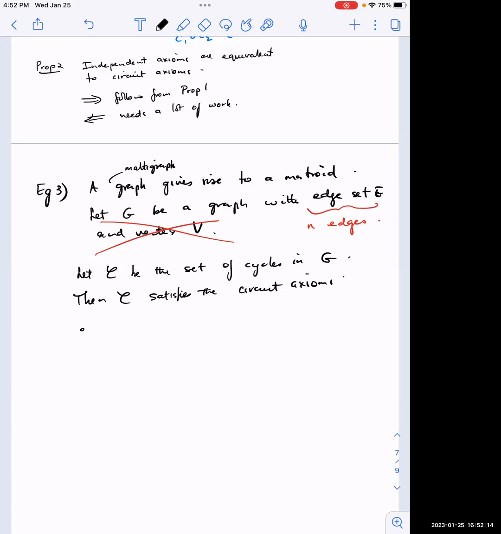And let's take a look at this example here. This is a parallel edge. So E is 1 to 7, and C is, if you look at the cycles here, you'll see 1, 7.